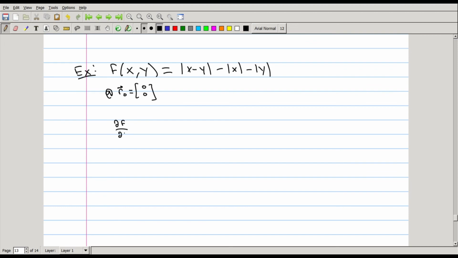So we know that partial f partial x at the point r0 is the limit as delta x goes to 0 of f of x naught plus delta x, in this case 0 plus delta x, comma 0, because x naught and y naught are both 0, minus f of x naught comma y naught, which is f of 0, 0, divided by delta x.